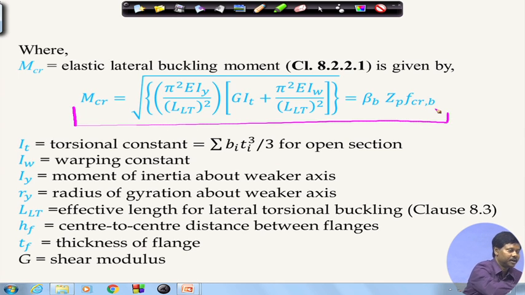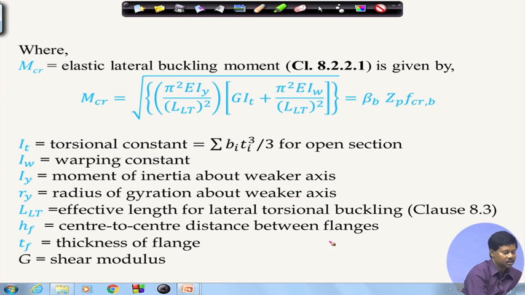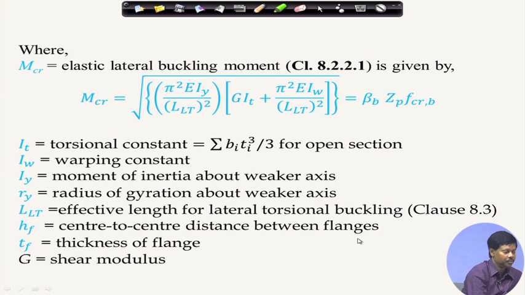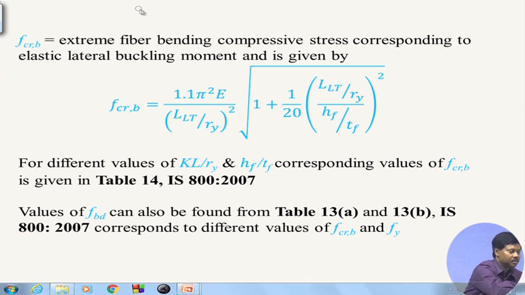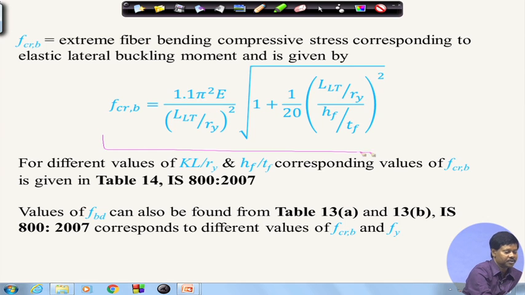Once we find the value of MCR, then I can finally find the FBD value and then the MD value. FCRB value also can be found from this formula. Otherwise, as I told, we can find it from Table 14, in which we do not need to calculate in detail through these expressions.